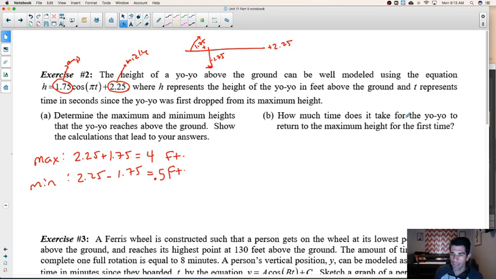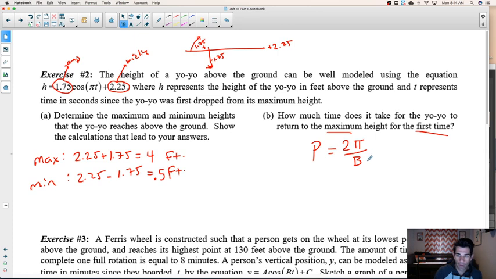How much time does it take for the yo-yo to return to its max height from the first time? So basically what they're asking you is how long is it going to take to complete one of its periods. So now we know that period equals 2 pi over b.